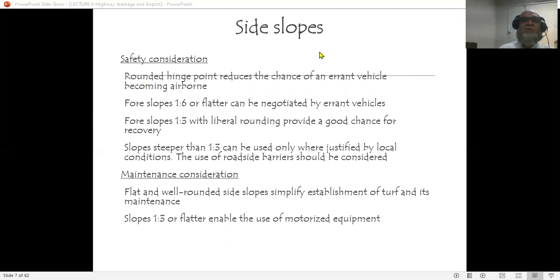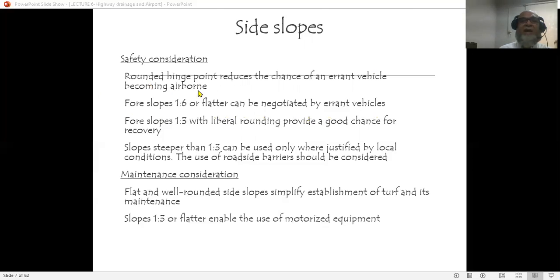Now, what we need to do in side slopes as a safety measure is the following. We have rounded hinge points that can reduce the chance of errant vehicles becoming airborne. For side slopes, the slope can be negotiated by errant vehicles.